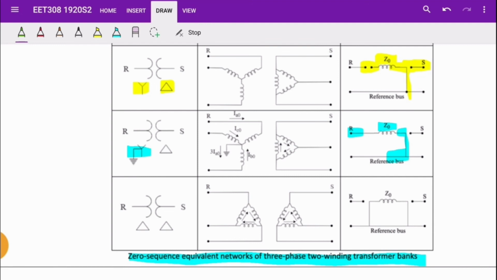Lastly is delta to delta connection. Since both windings are delta connected, so both ends of impedance Z0 are connected to the reference bus.